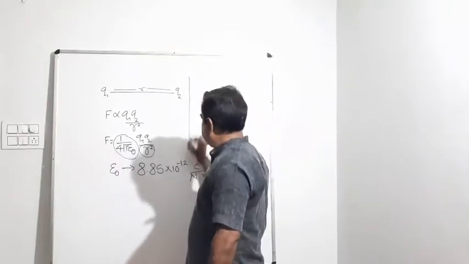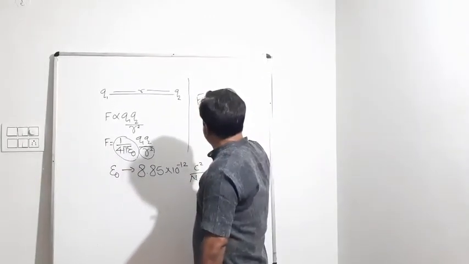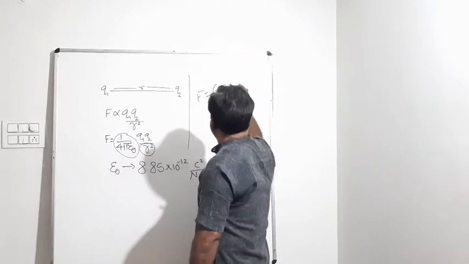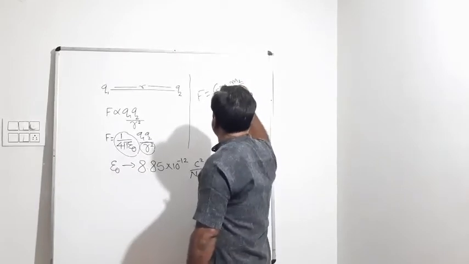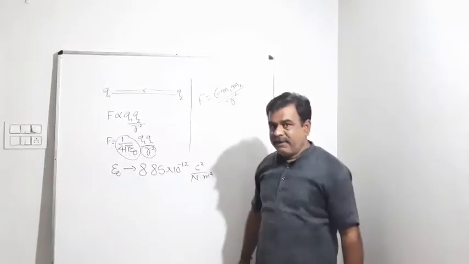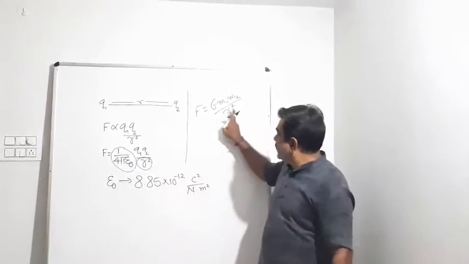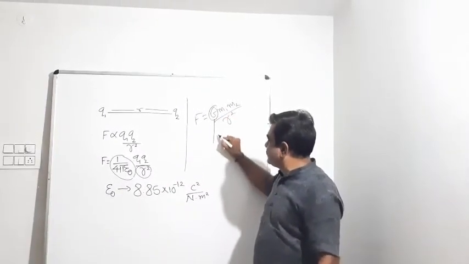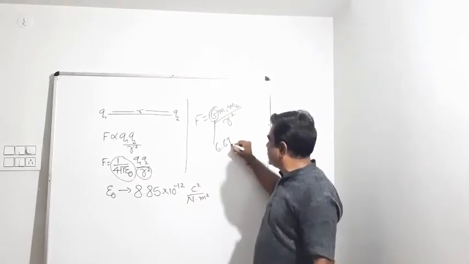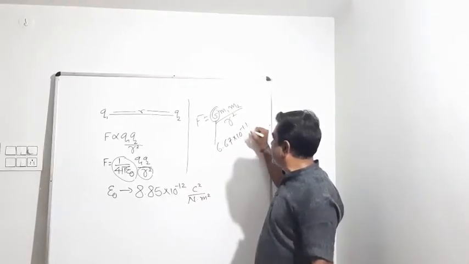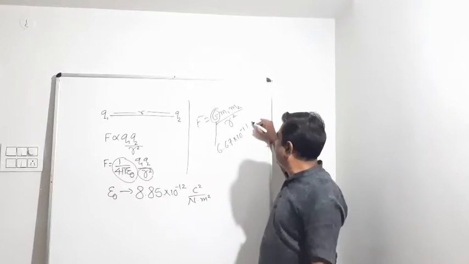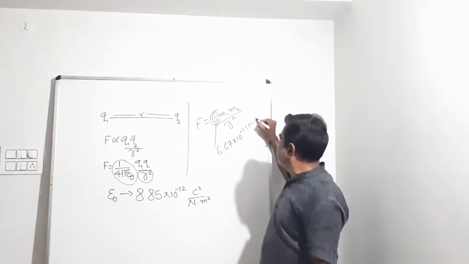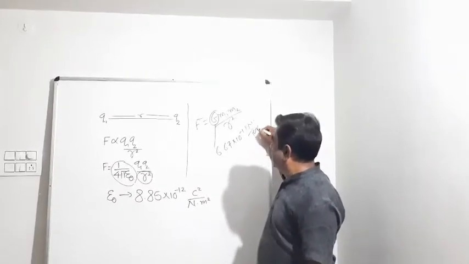Second concept: if you remember the gravitational law, F is equal to G m1 m2 by r square, the force of attraction between two masses. Here G has a fixed value, the universal gravitational constant 6.67 into 10 raised to minus 11, in SI unit Newton meter square per kg square.